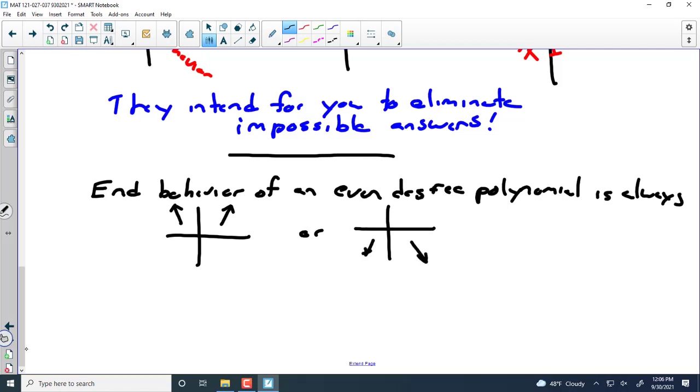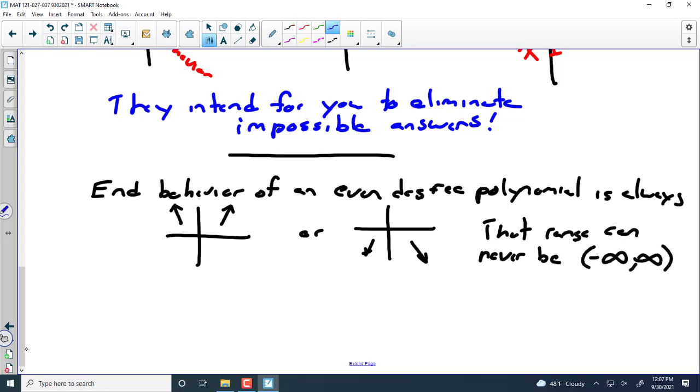This reinforces our idea that range can never be negative infinity to infinity, because this one only goes up forever, and this one only goes down forever.